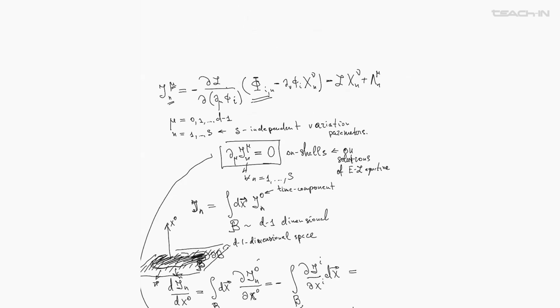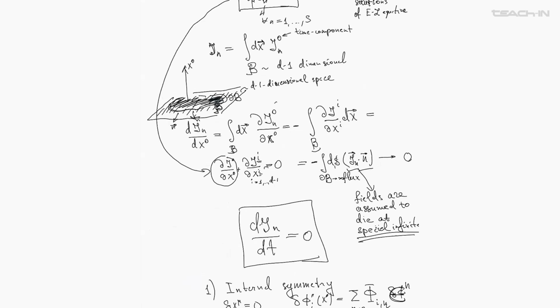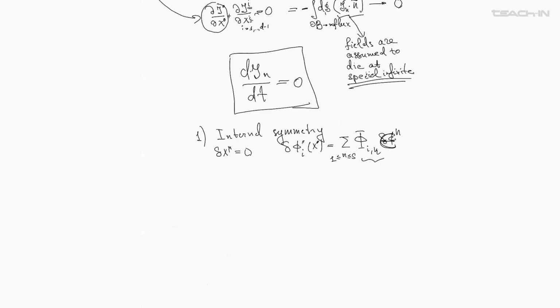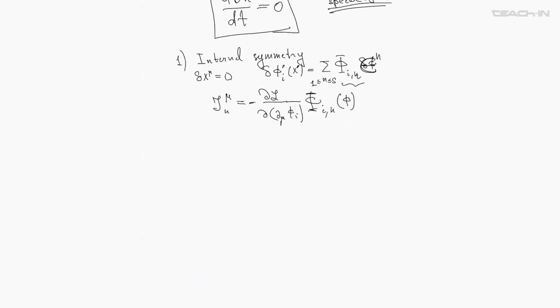And therefore, for this case, the current looks rather simple. So G^n μ, the conserved current, is given by the derivative of the Lagrangian with respect to ∂_μ φ_I, multiplied by the response of the field Φ. So this is a simple example of internal symmetry transformations.